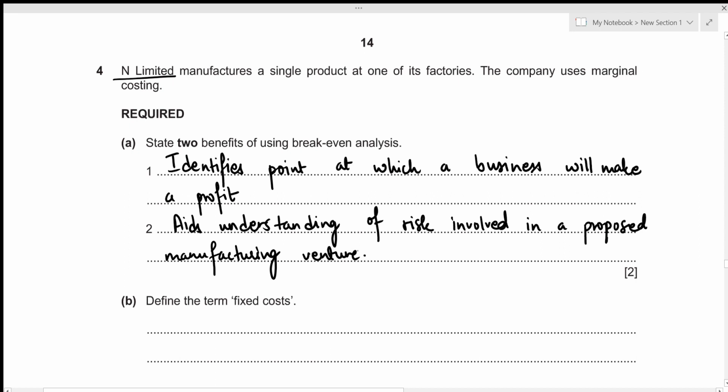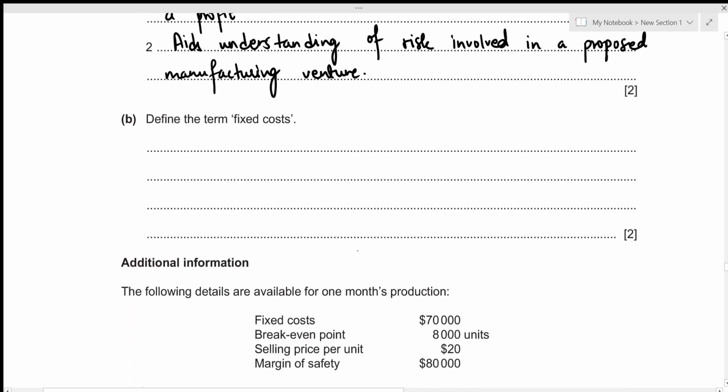Now we can move towards the second one. We need to define the term fixed costs. So fixed costs are those costs which do not change with the change in level of outputs or sales. Let's write it down.